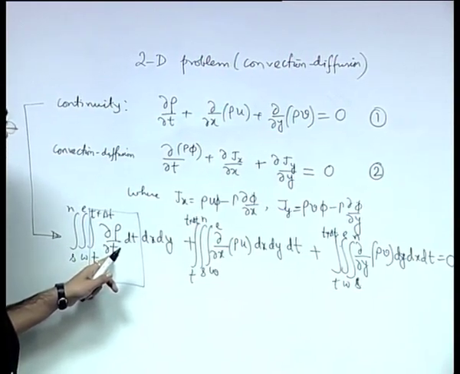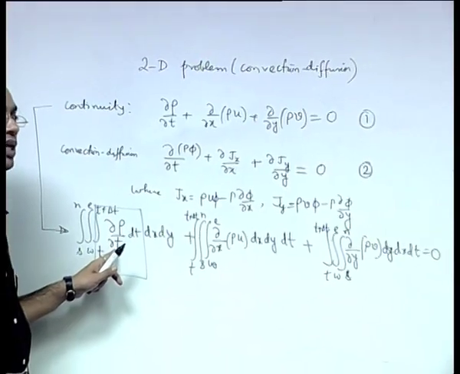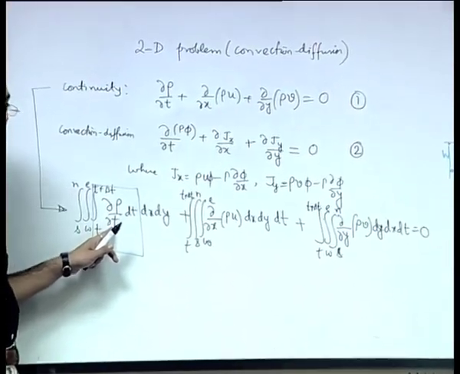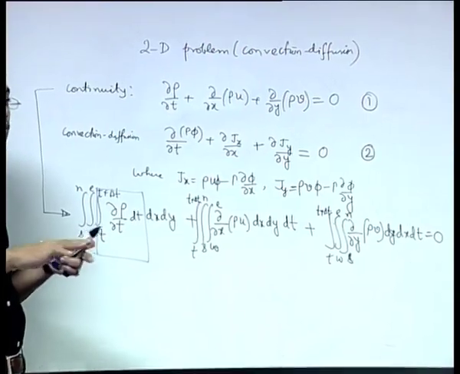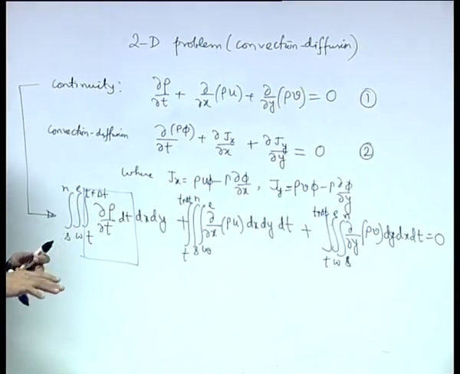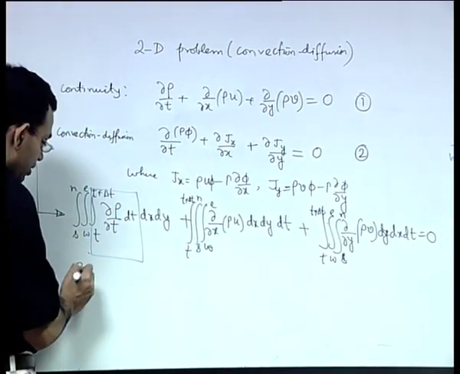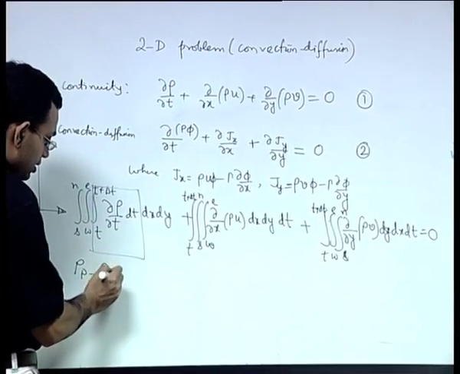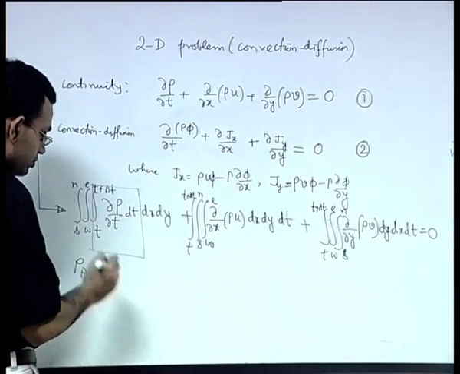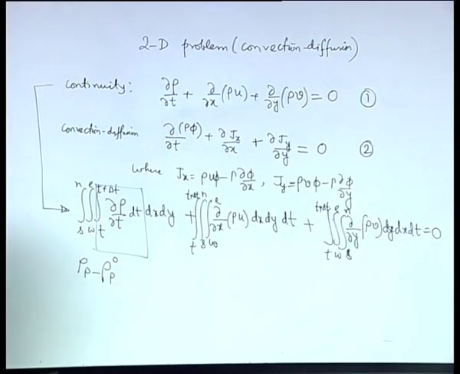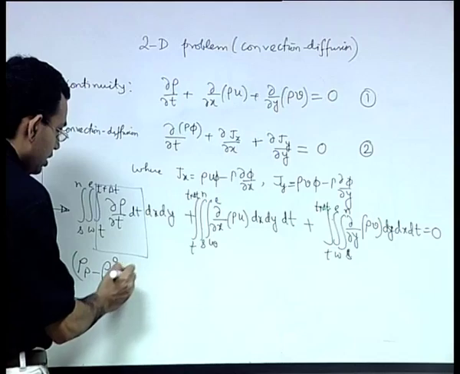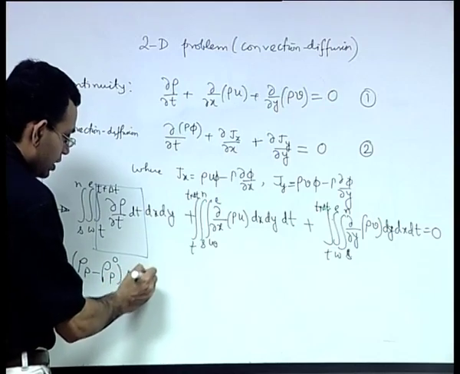We can make a profile assumption that rho is constant over a control volume, piecewise constant at each time. So it becomes rho p minus rho p 0, which is the rho p at the previous time, into delta x into delta y.